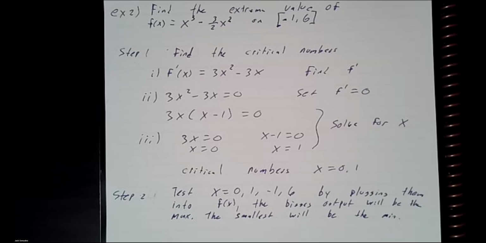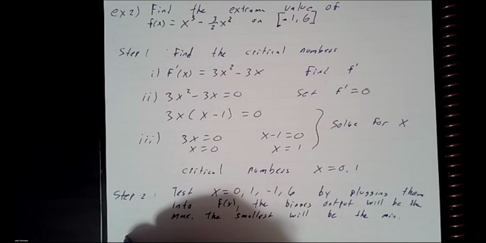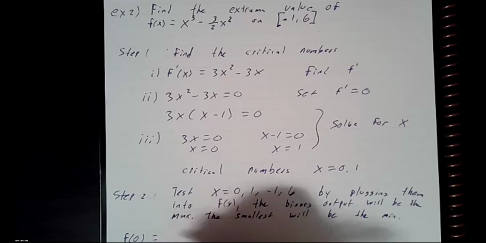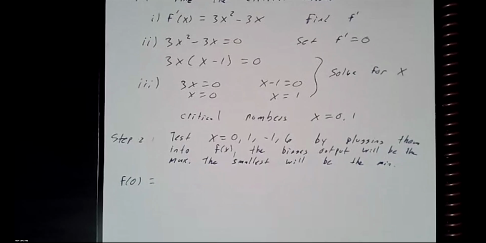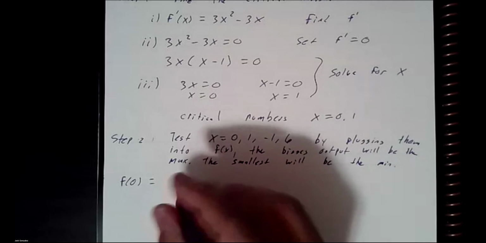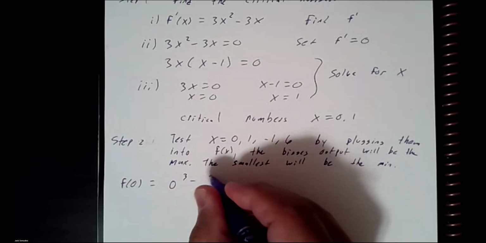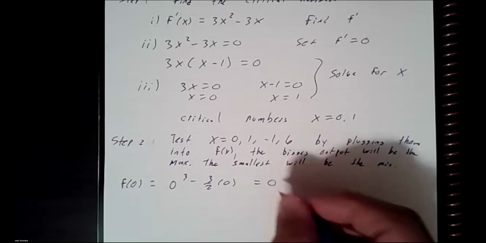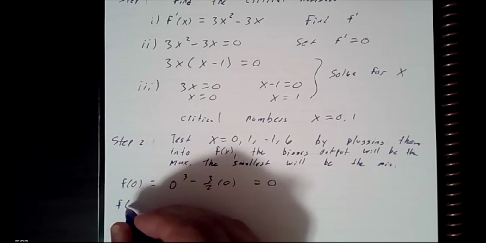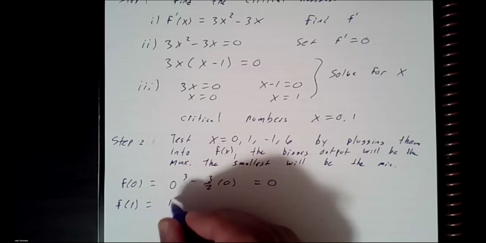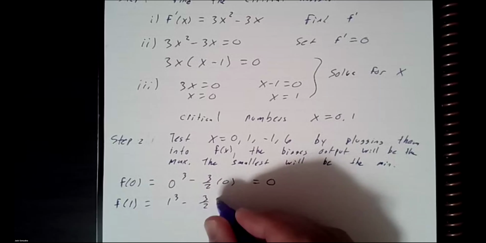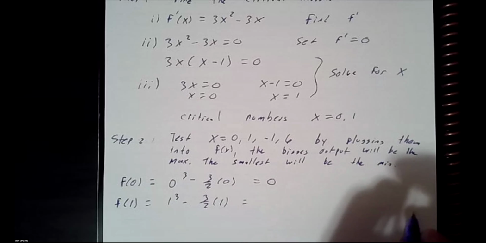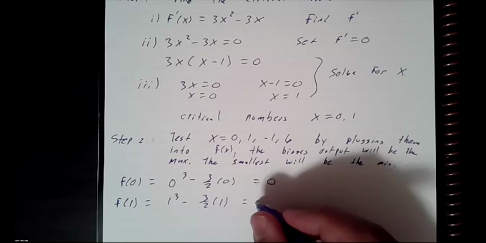All right, let's start with 0. F of 0 into the original function. That's going to be 0 cubed minus 3 halves times 0, which is 0. So far, that's the smallest. F of 1 will be 1 cubed minus 3 halves times 1, which is -1/2, right?